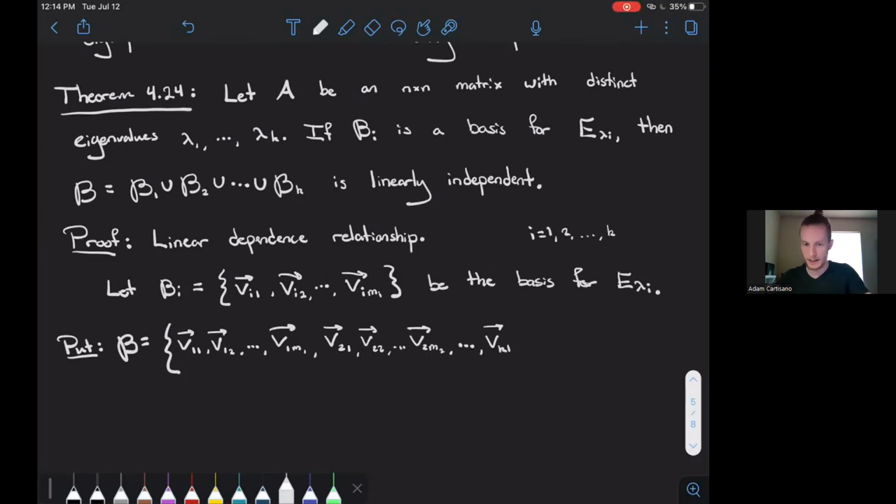So there are k eigenspaces, which means that there are k bases that we're dealing with, right? k bases. v_k2, and so on, all the way to the last one, which is v_k m_k.